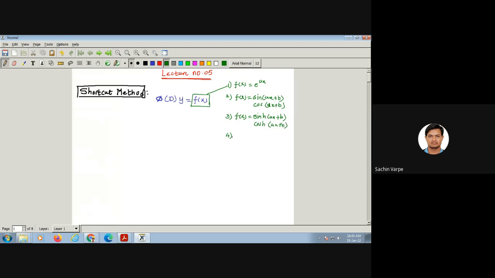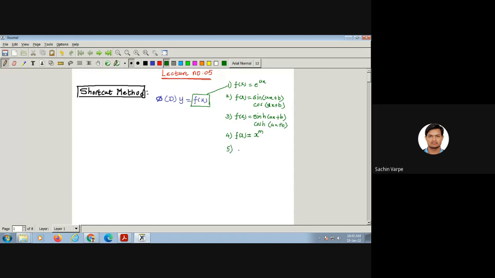If this f of x is a polynomial function, what is a polynomial? Everyone knows. That is a relation in a variable having powers that are positive integers. That is called a polynomial. So if f of x is a polynomial of this form, then we have a shortcut there.